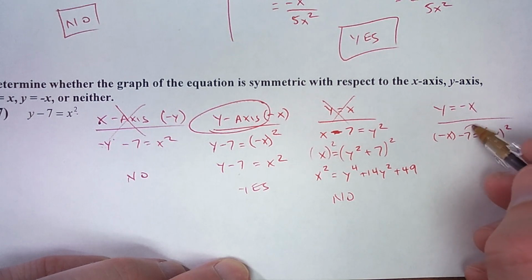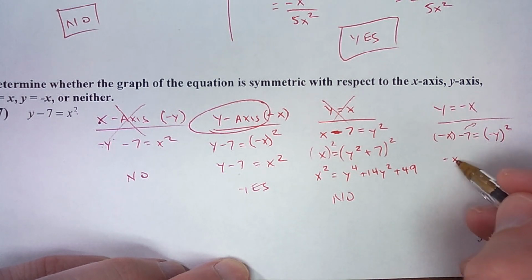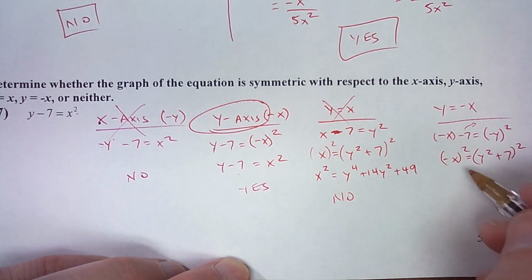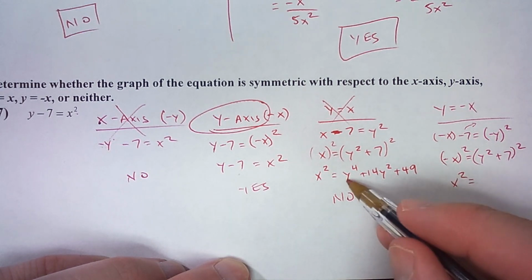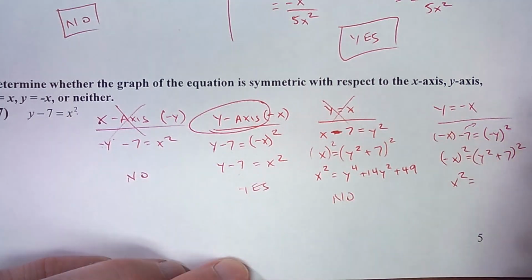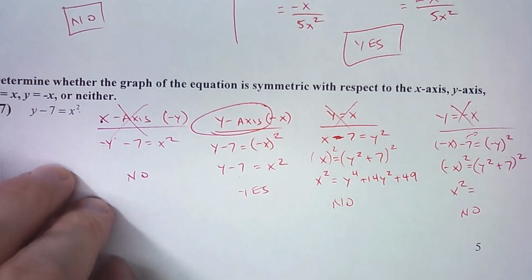So I'll do that and move that 7 over. So I get negative x equals y squared plus 7. And I can square both sides. And I'll get x squared equals, and it's going to be the same as what I have right here. And that does not match the original. So no, there's no symmetry about y equals negative x.